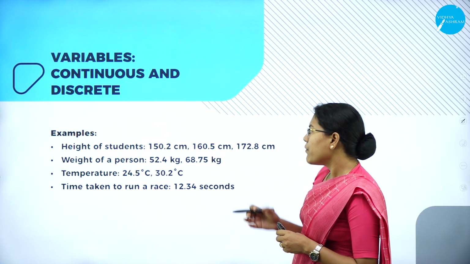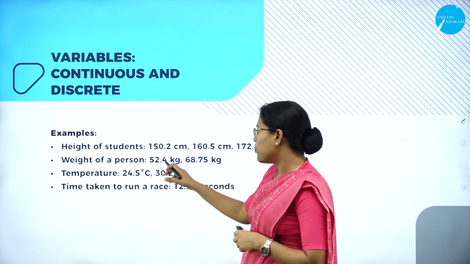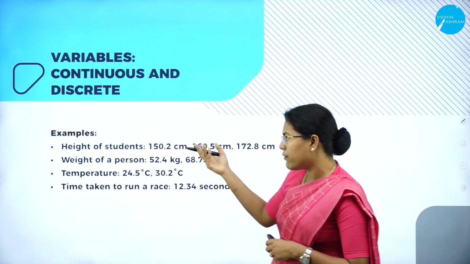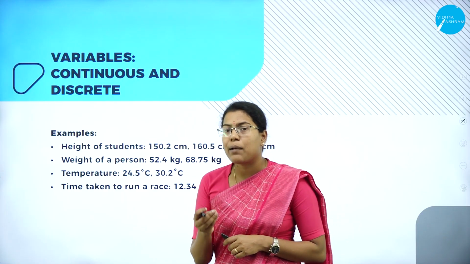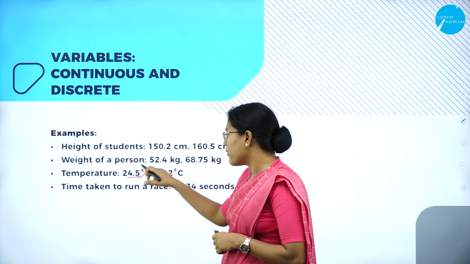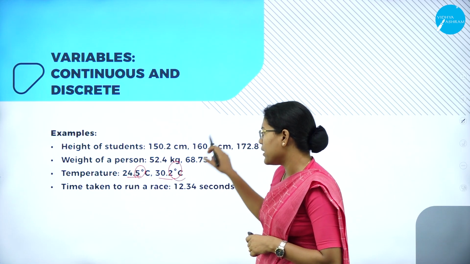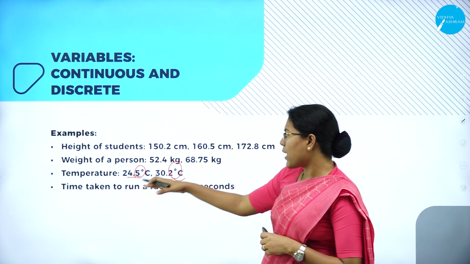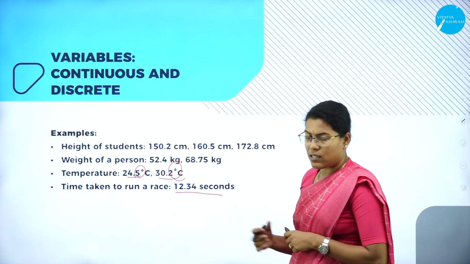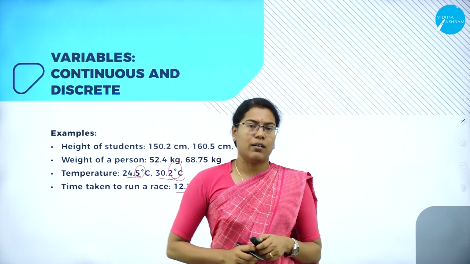So next, when we take the example of weight of a person, again weight can be 52.4 or 68.75 or 52.5, etc. When we take the example of temperature also, the temperature can be 24.5 degrees Celsius or 30.2 degrees Celsius. So here a time taken to run a race, it can be 12.34 seconds like that. So these are the examples for continuous variables.